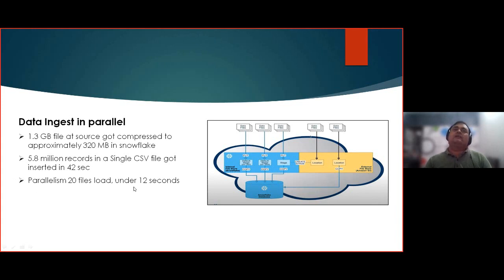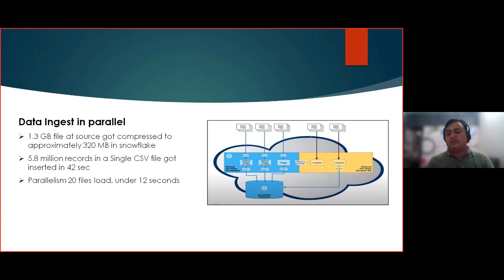Similarly, let's say we are executing 8 different queries using a particular virtual warehouse. Okay, and for the sake of it, let's consider that each query takes 40 seconds to complete. Now for 8 queries, how much time does it take? Let's say 8 is the maximum number of queries that warehouse can handle.